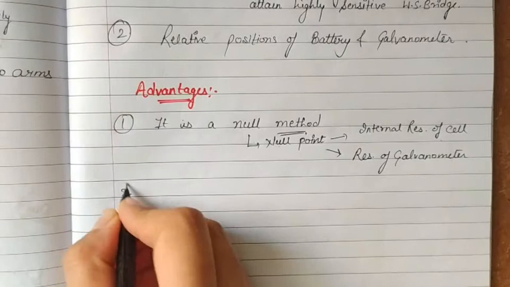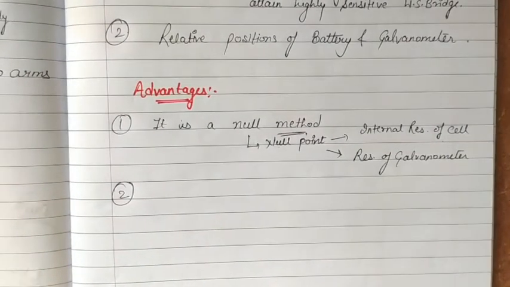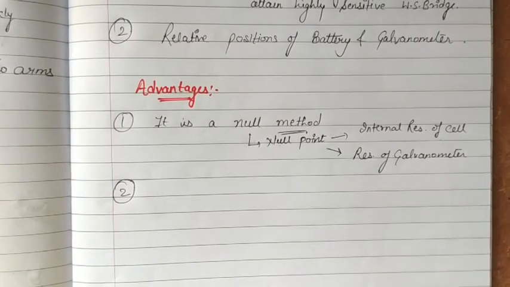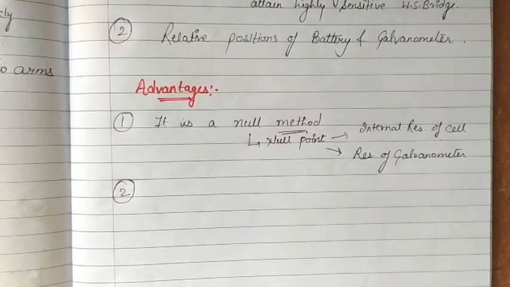Now the second advantage is that in the whole method we are not involving any kind of current or potential difference, due to which the resistance of ammeters and voltmeters will not affect the measurements.